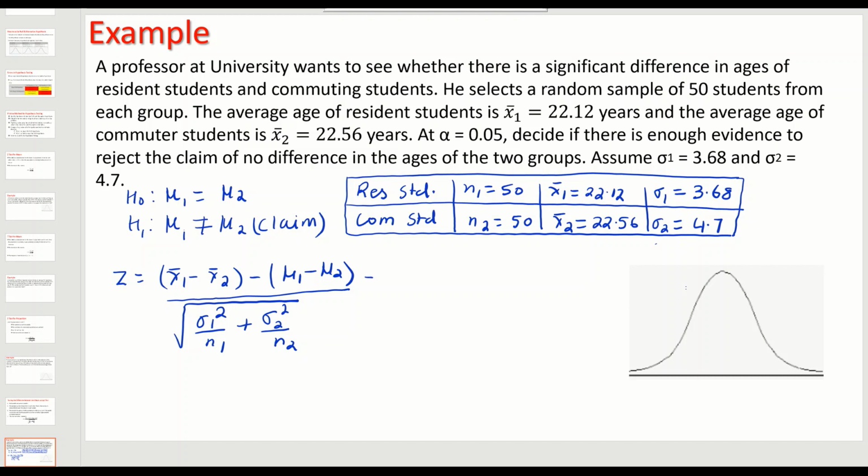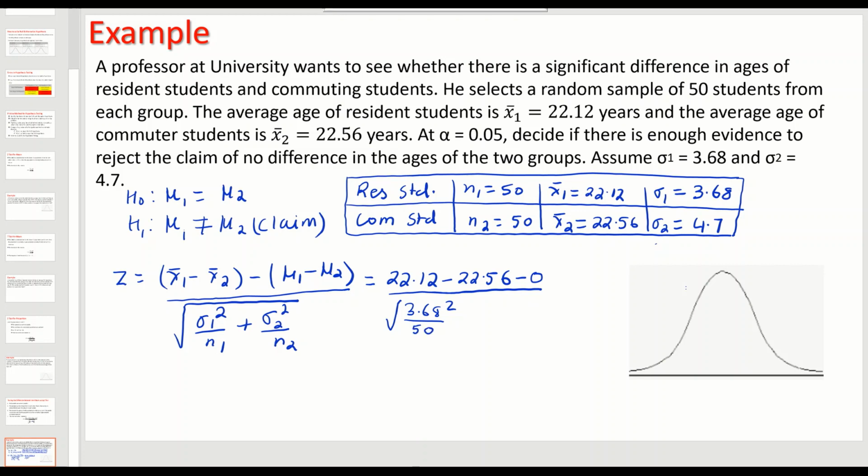Let's substitute these values. x1 bar is 22.12 minus x2 bar is 22.56, minus mu1 minus mu2. If mu1 and mu2 are equal, that must be 0, all divided by the square root of sigma 1, 3.68 squared, divided by n1.